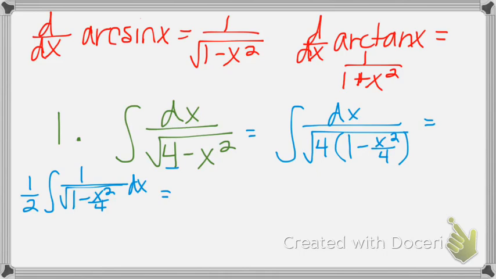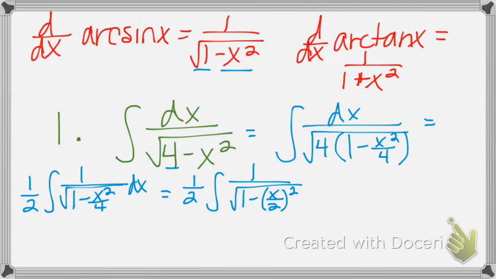Alright, so we have our 1, we have our square root, we have our minus. Now we need whatever's squared, we need to make it look like it's squared. So I'm going to rewrite it one more time and make it x over 2 squared, because the square root of 4 is 2, so now it looks like it's in the correct form.